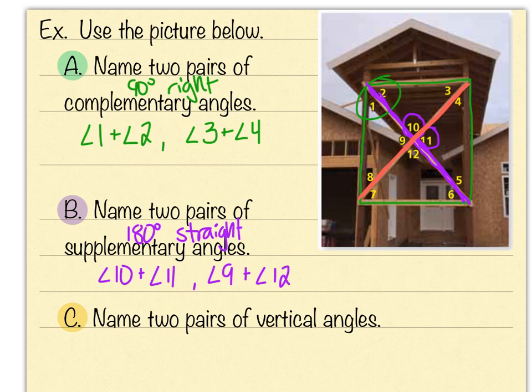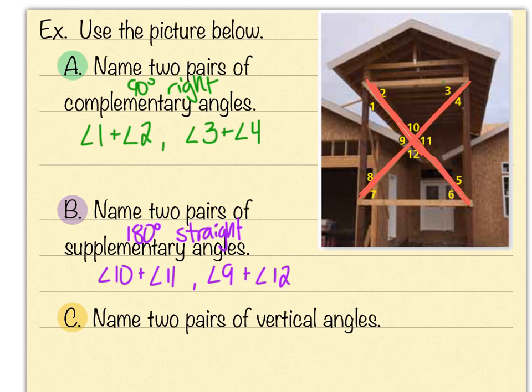And then next up it says vertical angles. So for vertical angles, let me get rid of this. For vertical angles, I'm looking for two angles that are opposite from one another. This is our vocab word from last section. And so let me go ahead, I'm going to draw these straight lines again. Here's our intersecting lines.